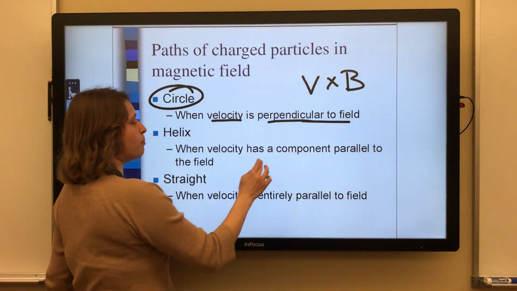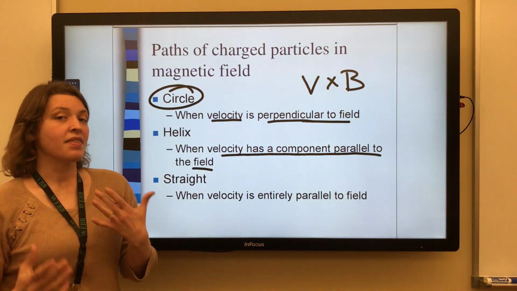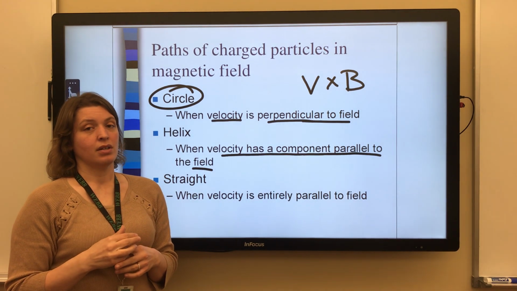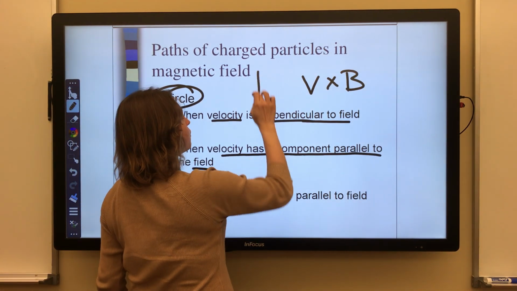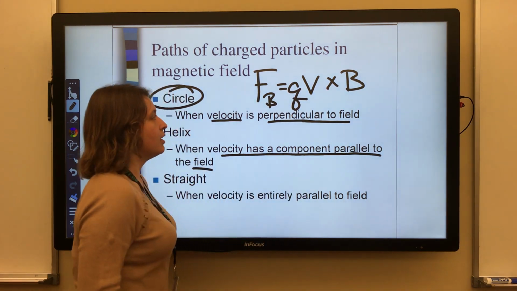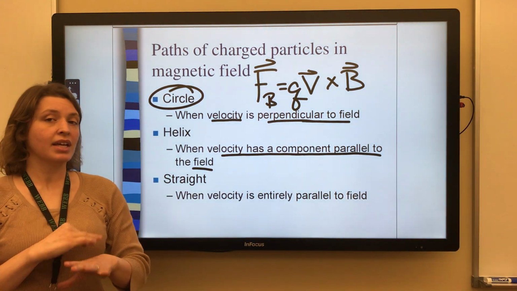However, if there's any component of the velocity that's parallel to the field, then that component of the velocity is going to be unaffected by the magnetic field. Because remember that magnetic force is equal to qv cross B. Now, these are all vectors here. If there's any component that's parallel, it's unaffected.